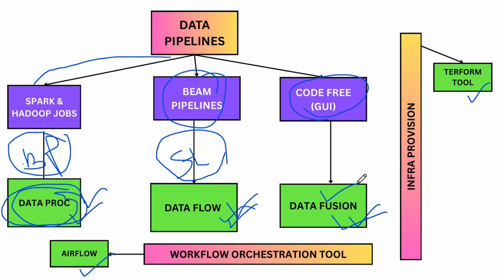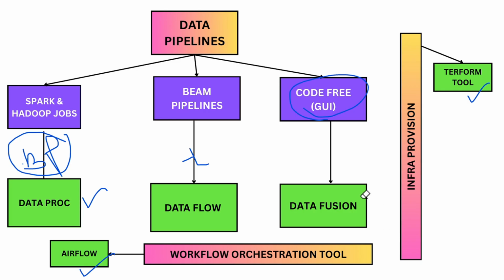Okay, so we have seen the different pipelines, and what tools are required for the different pipelines based upon the processing need. But the important thing we need to observe is that workflow orchestration is very important, because creating all these pipelines is okay, but after creating the pipeline, we need to orchestrate them.